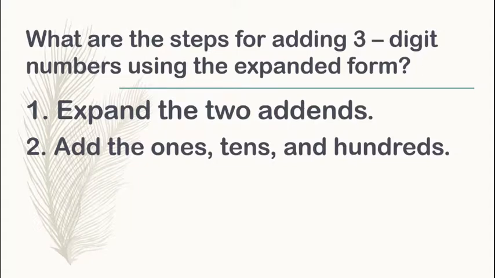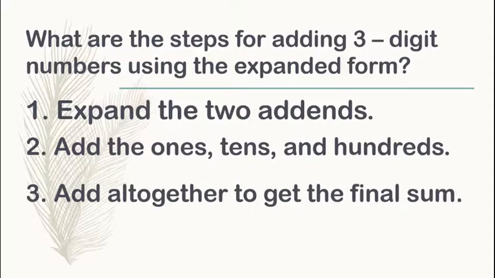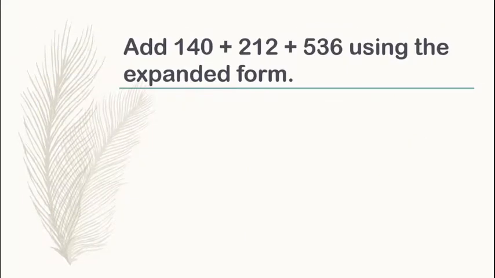If your ones and tens are more than one digit, then you need to move it to your next highest place value, the same as we did in our activity. Then, do not forget to add all together to get your final sum. You did a great job in answering your activity.